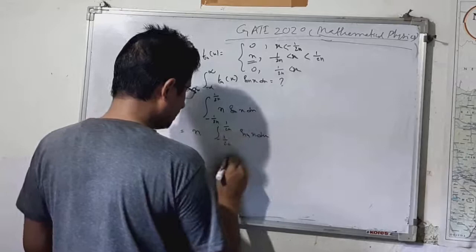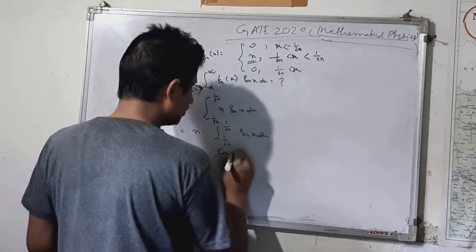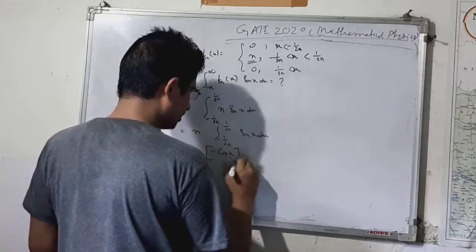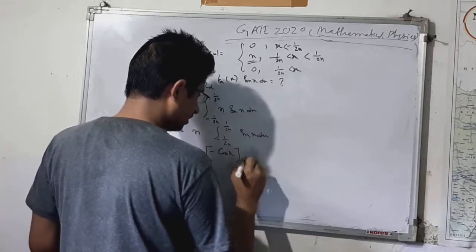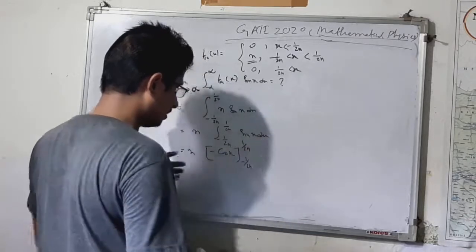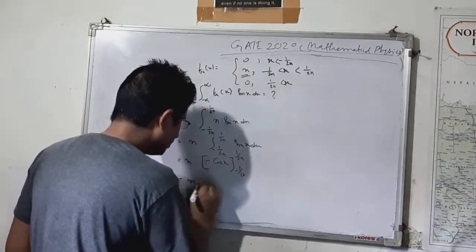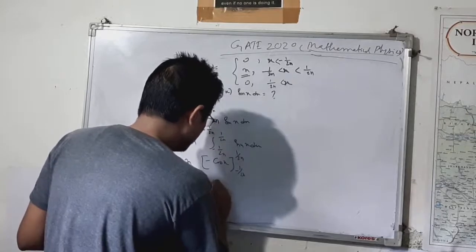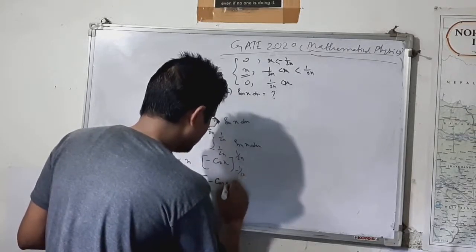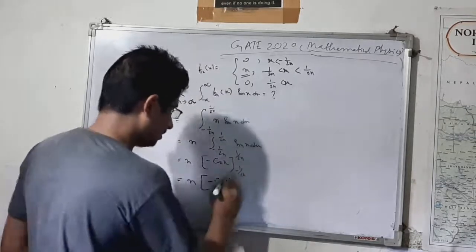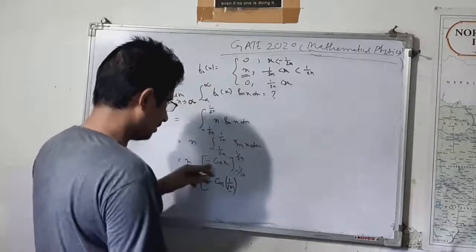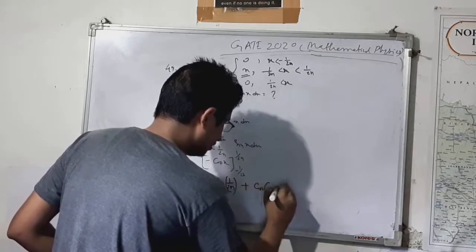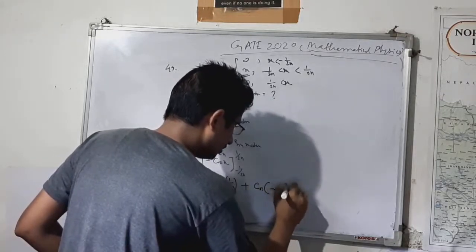So the integration of sin x dx equal to minus cos x, from minus 1 by twice n to 1 by twice n. So n times minus cos of 1 by twice n, and this is minus, so plus cos of minus 1 by twice n.